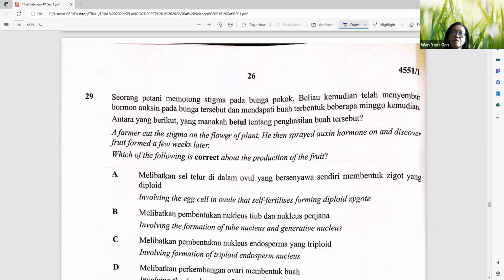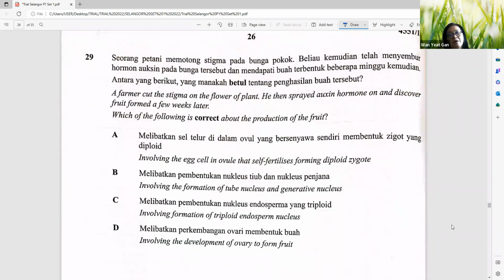A farmer cut the stigma of the flower. He then sprayed auxin hormone and he discovered fruit formed a few weeks later. Which of the following is correct about the production of fruit? Now, he already cut away the stigma, which means that the flower will not have a stigma to allow pollen grain to drop on it.